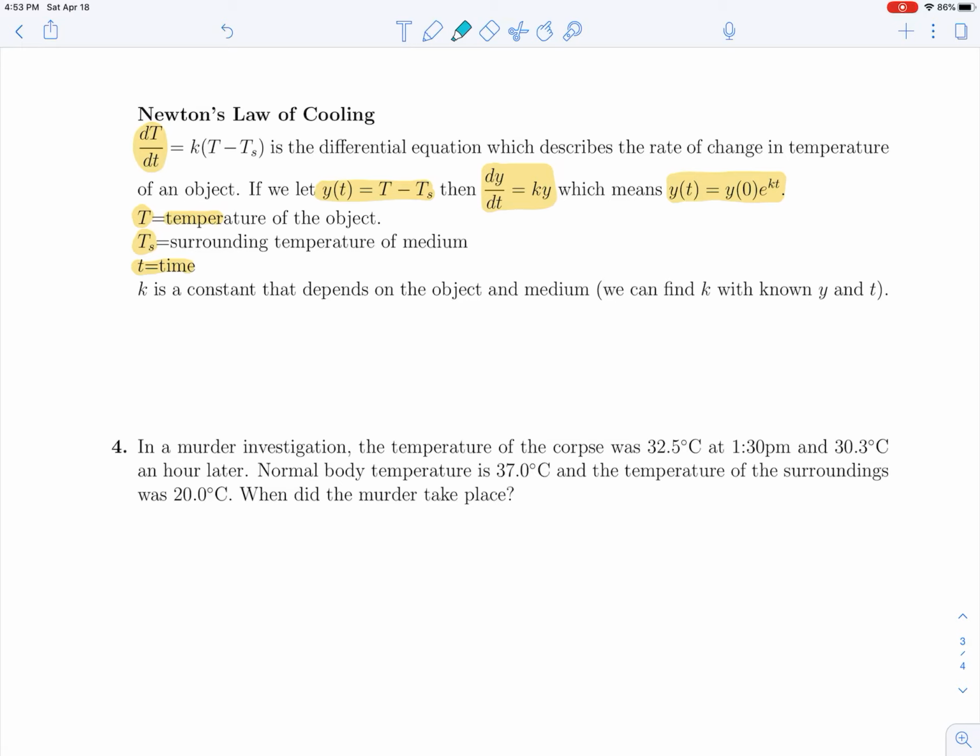This is like the solution to this differential equation, except that they replaced this T minus Ts with y. Okay. So we're using the same model. We just have to be careful because y is actually, when you want to find y naught and such, you've got a different value.